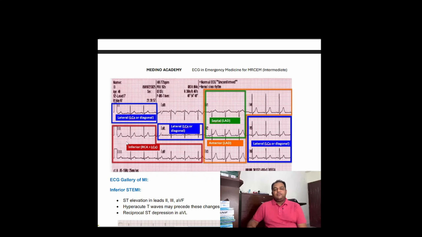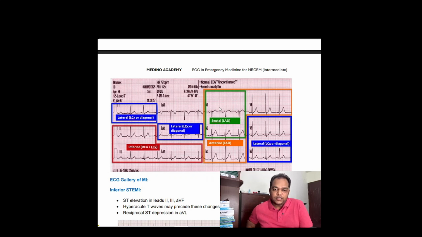In case of inferior MI, ST elevation can be found in leads 2, 3, and aVF. In case of septal MI, ST elevation may be found in V1 and V2. And in case of anterior MI, ST elevation may be found in V3 and V4.